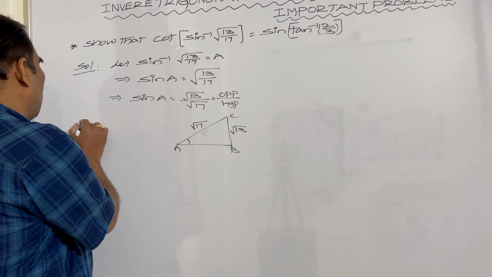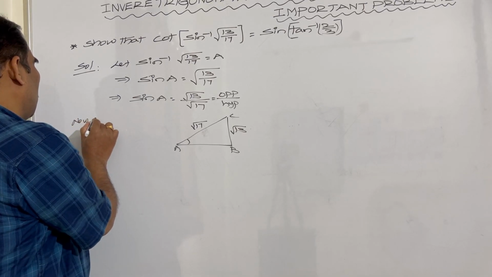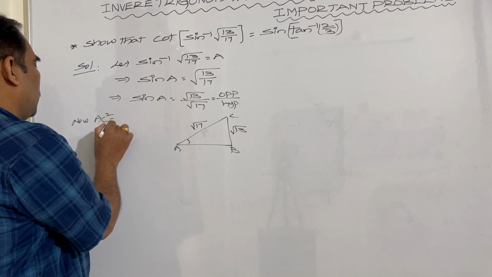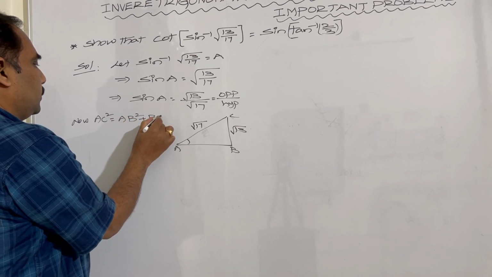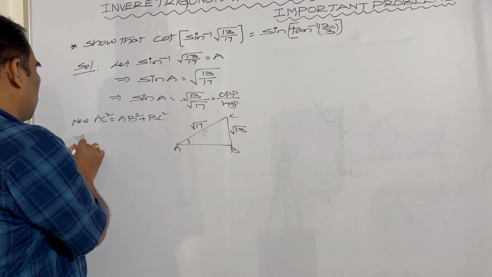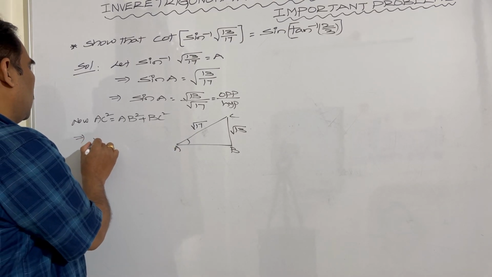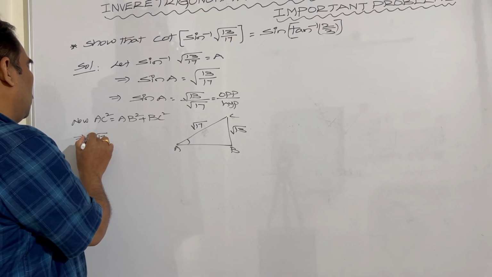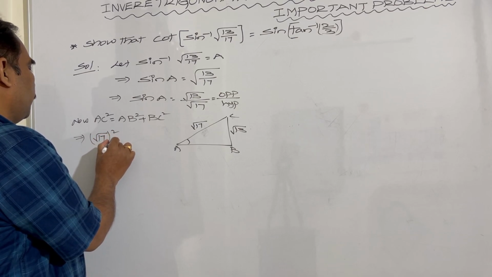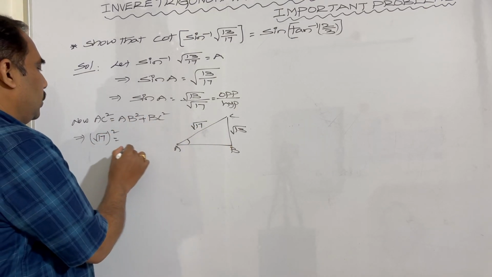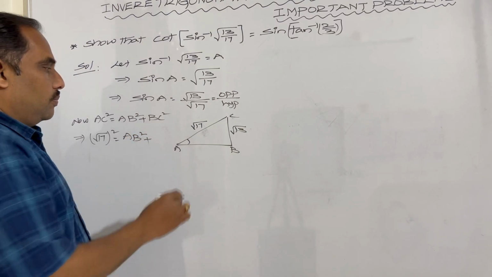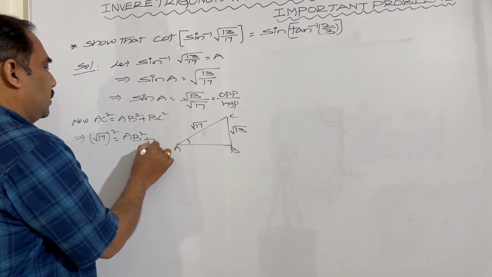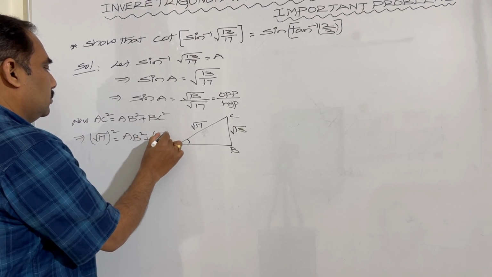So AC square is equal to AB square plus BC square. AC is root 17, so root 17 whole square is equal to AB square, which we have to find, plus BC square. BC square is root 13 whole square.